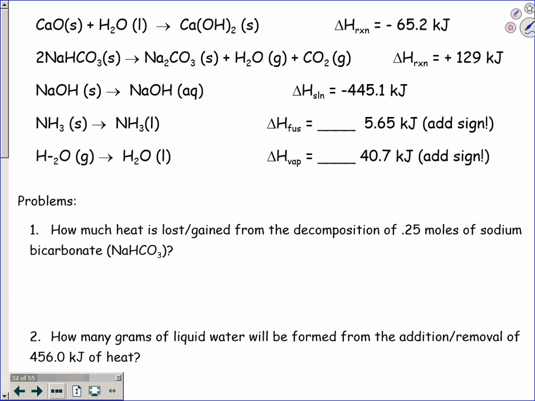You're also filling in the blank on these. Think about what's happening in those processes. It has the sign.